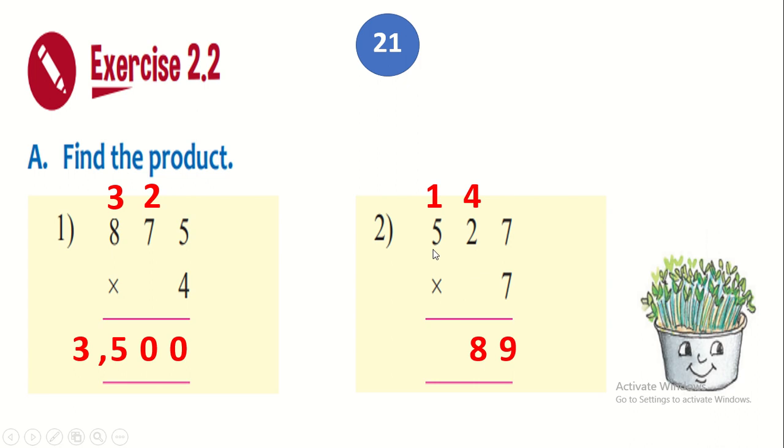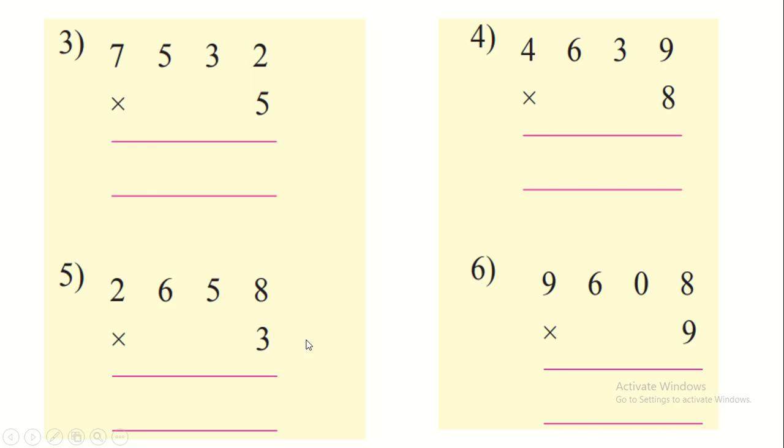Next is 7 times 5 is 35. 35 plus 1 is 36. Your answer is 3,689. Correct, students? Okay, please check your answer. Okay, very good.